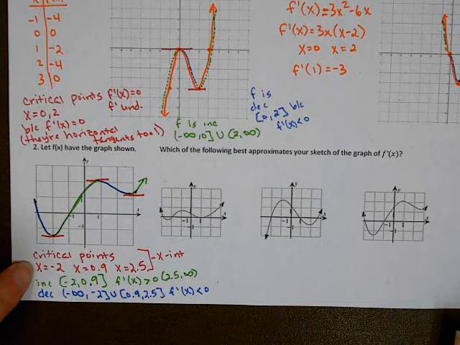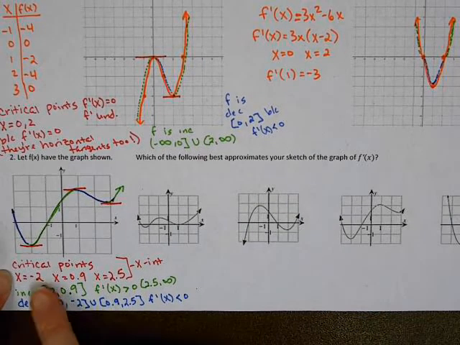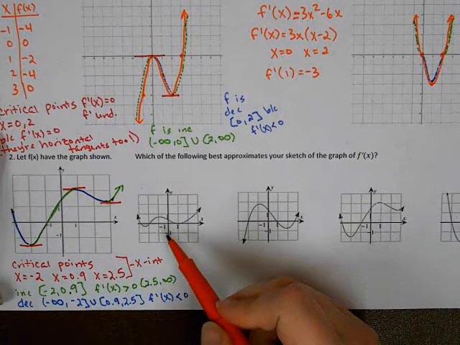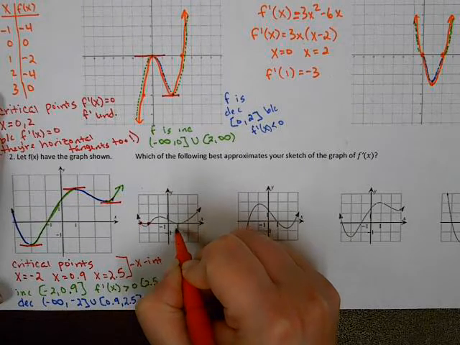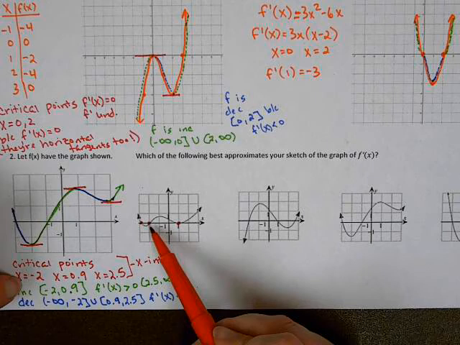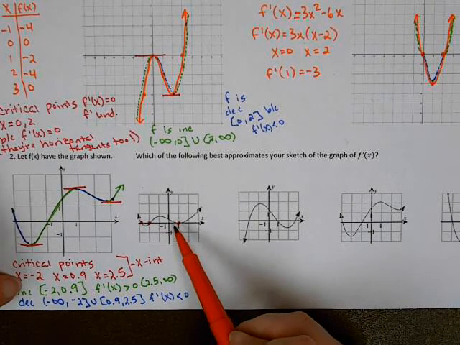So I think I would start with the critical points. My critical points are negative 2, 0.9, and 2.5. So when I look at this first graph, I have x-intercepts here, here, and here. Well, negative 2 is shown, but there's something past negative 2, and then there's one at positive 1.